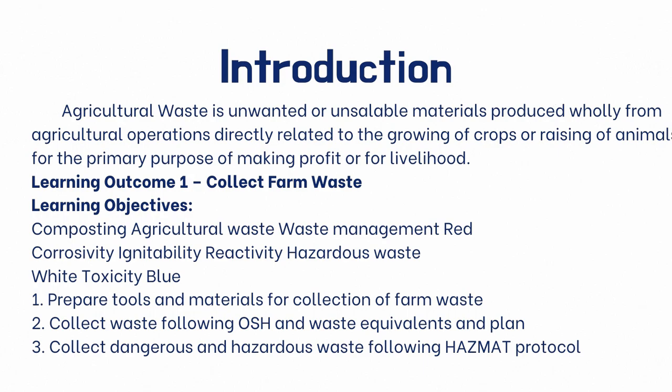In this learning outcome, collect farm waste, you are expected to learn how to prepare tools and materials for collection of farm waste, collect waste following OSH and waste equivalence and plan, and collect dangerous and hazardous waste following hazmat protocol.